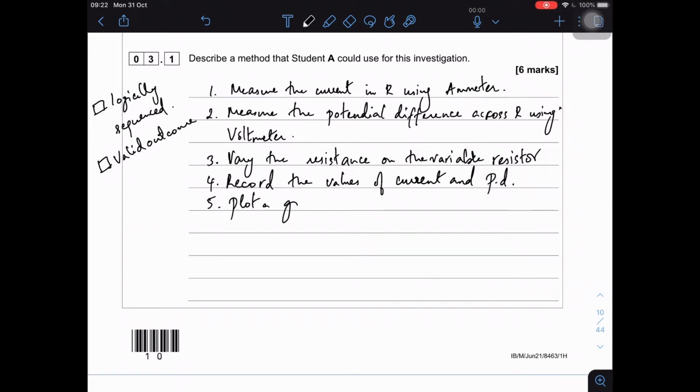Plot a graph of current versus potential difference, and you should have the resistance.